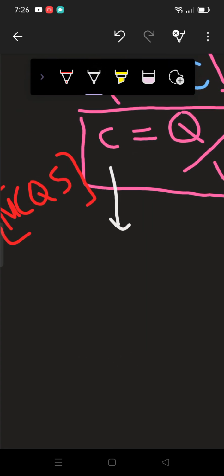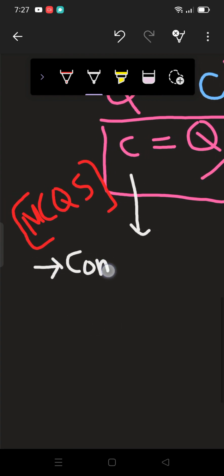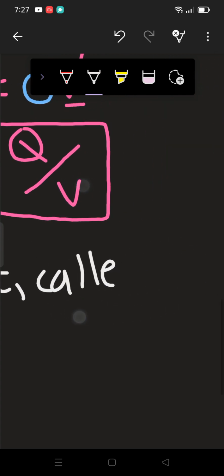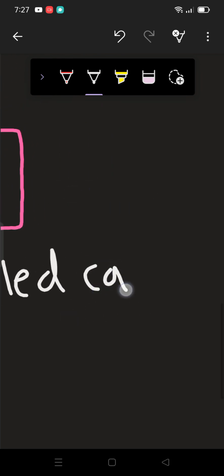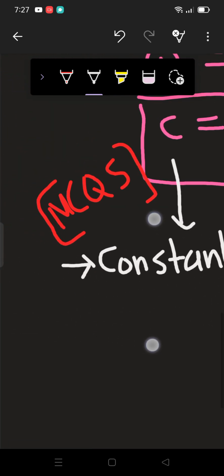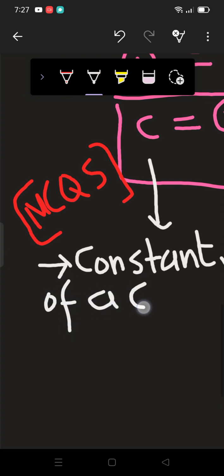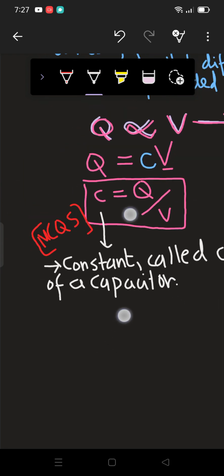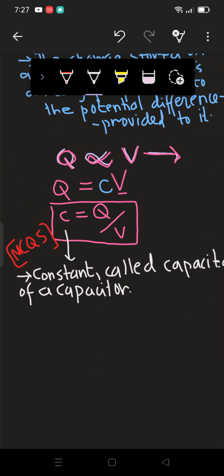So this C is a constant which is also known as the capacitance of a capacitor.